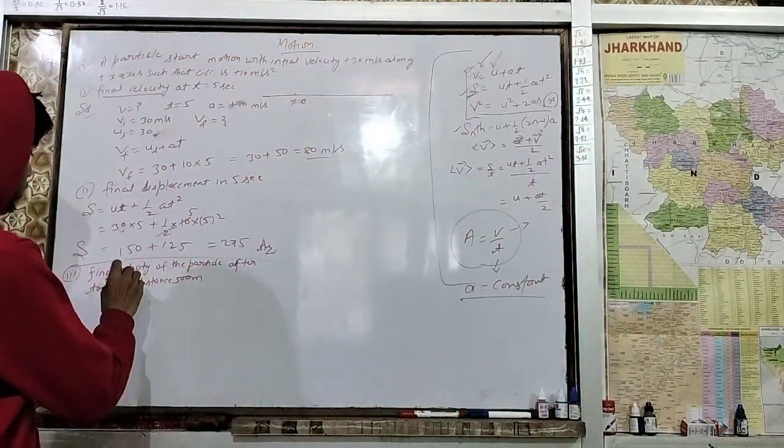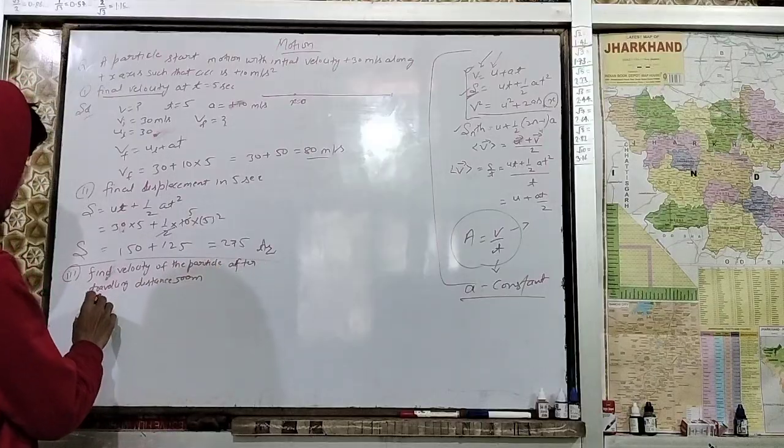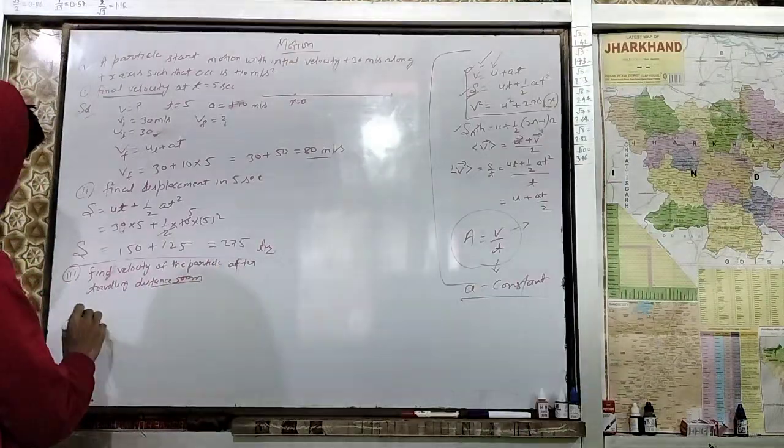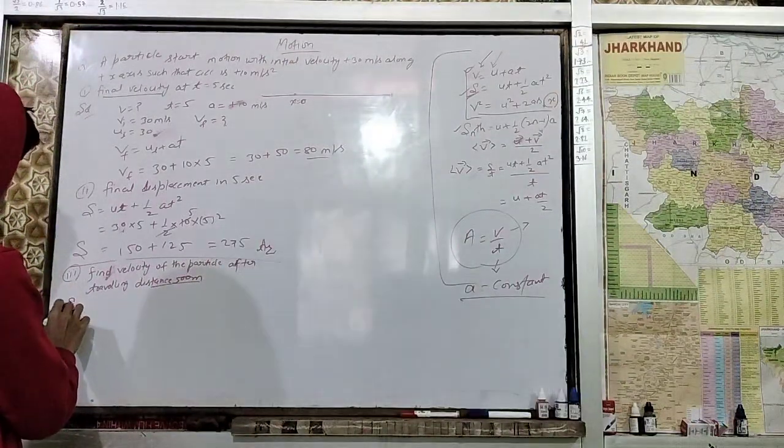So to calculate the velocity of the particle after traveling a distance of 500 meters.